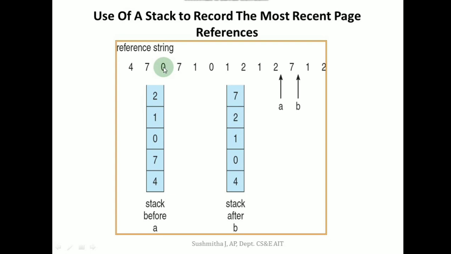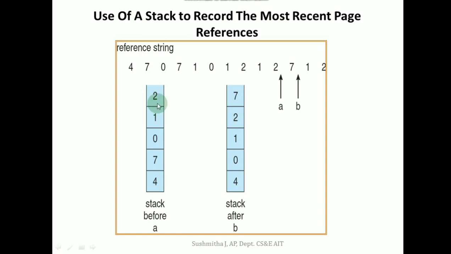The top of the stack will always contain the most recently used, and the bottom of the stack will contain the least recently used pages. Then how do we implement it practically? Probably the stack will be implemented using a doubly linked list, which will have a head and a tail pointer.